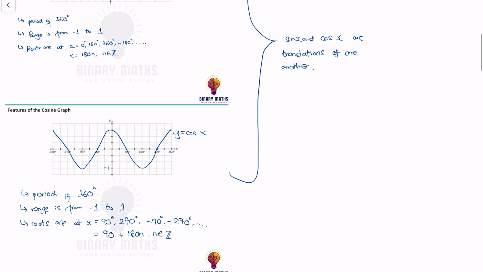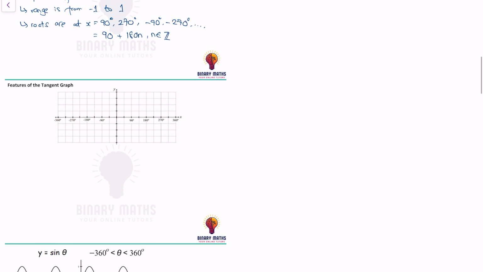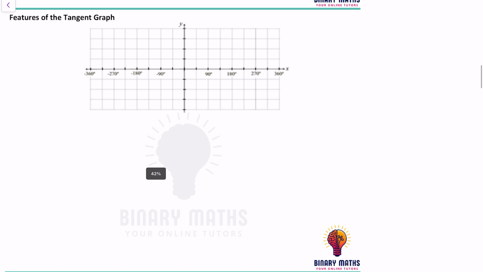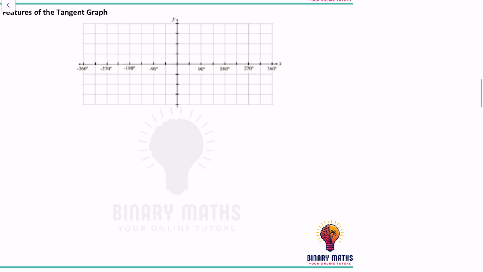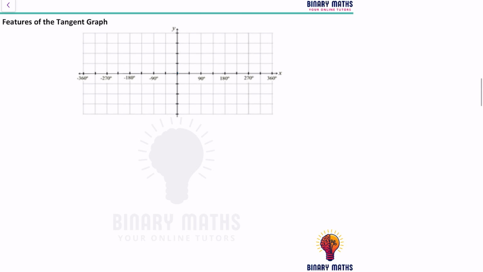Okay, the tan graph is slightly different. So let's look at the tan graph. The graph starts at 0. Then it has an asymptote at 90 because, remember, it's vertical at 90 degrees, so it's undefined. At 180, there's a root. Again at 270, there's an asymptote. Every 180 degrees, there's an asymptote.